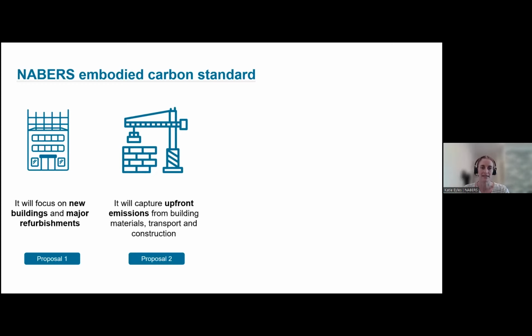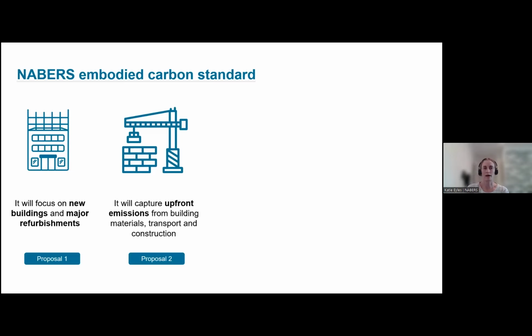And then secondly here, what we're looking at for the NABERS tool is upfront emissions. That is those A1 to A5 stages that Monica and Greg showed in their slides. So we're talking about upfront emissions from the phase of extracting materials, making the building materials, and then completing construction.